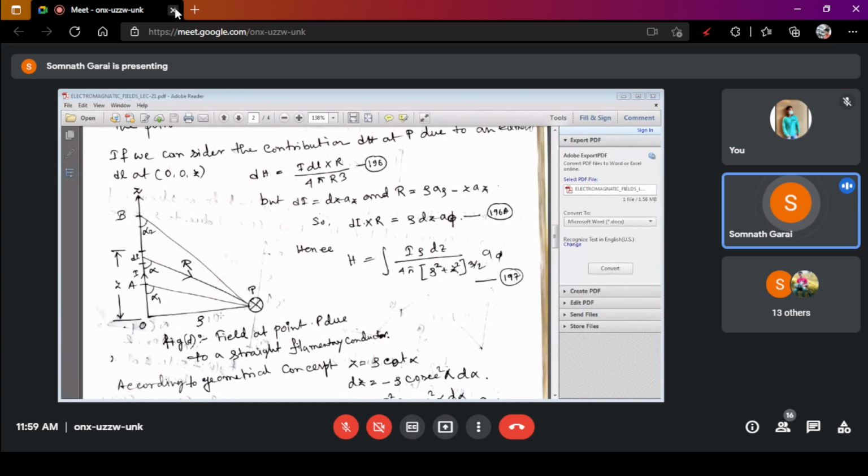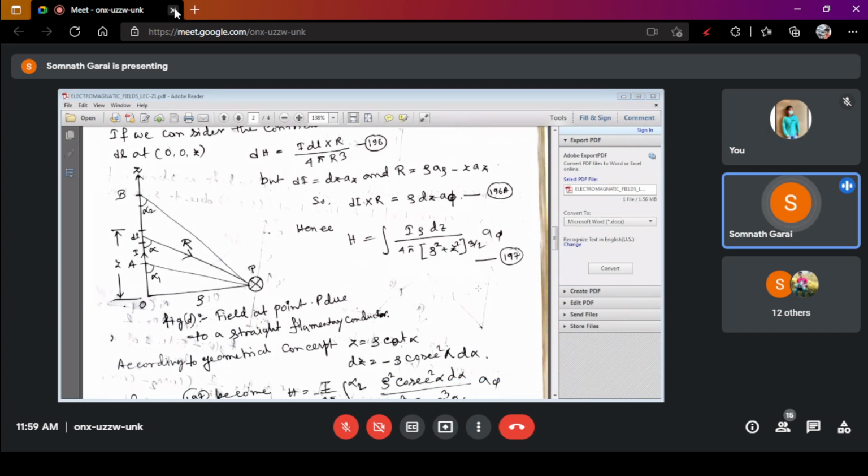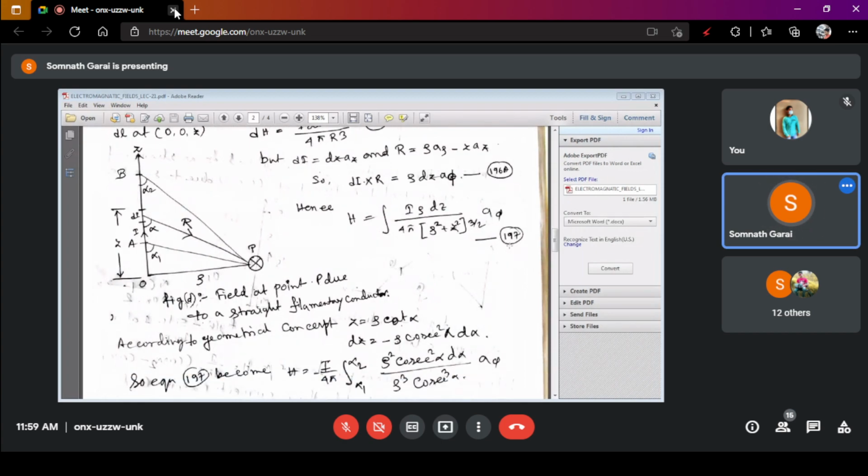So r is equal to root under rho square plus z square. So r cube is replaced by rho square plus z square to the power 3 by 2, because root of rho square plus z square is equal to rho square plus z square to the power half, into a_phi. So this equation is represented by equation number 197.